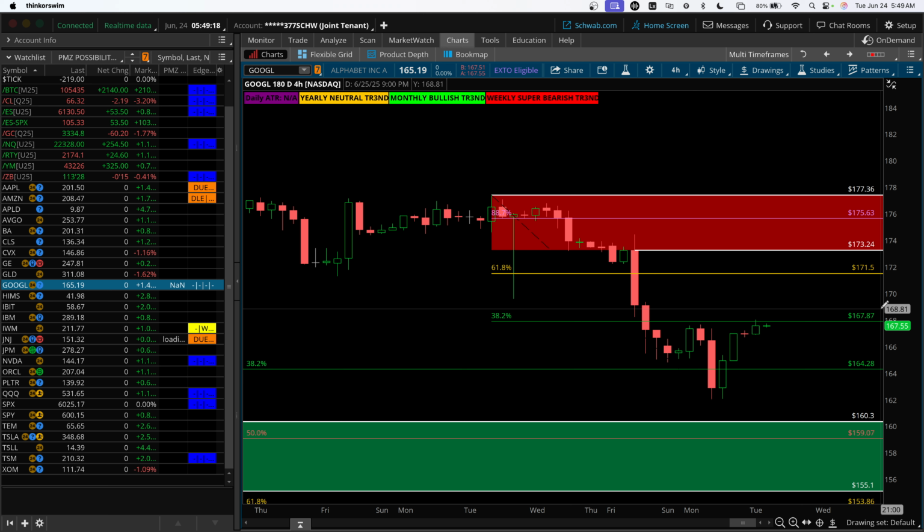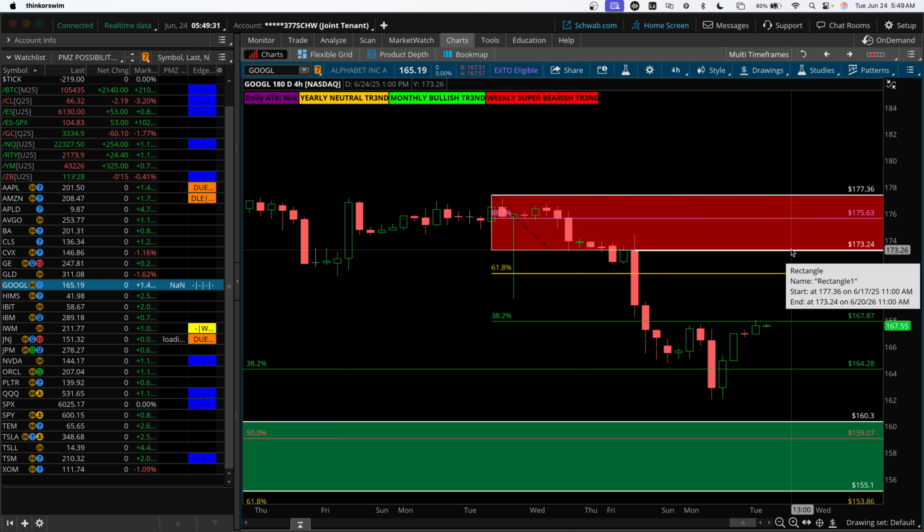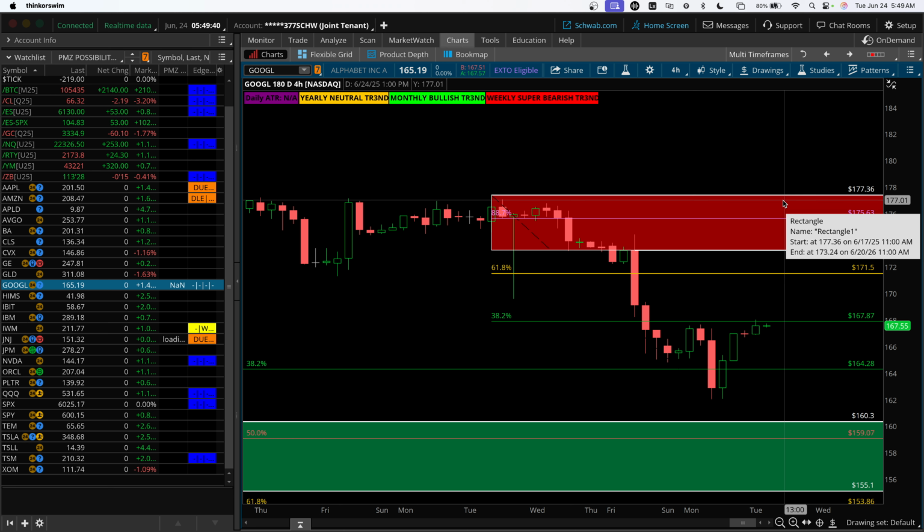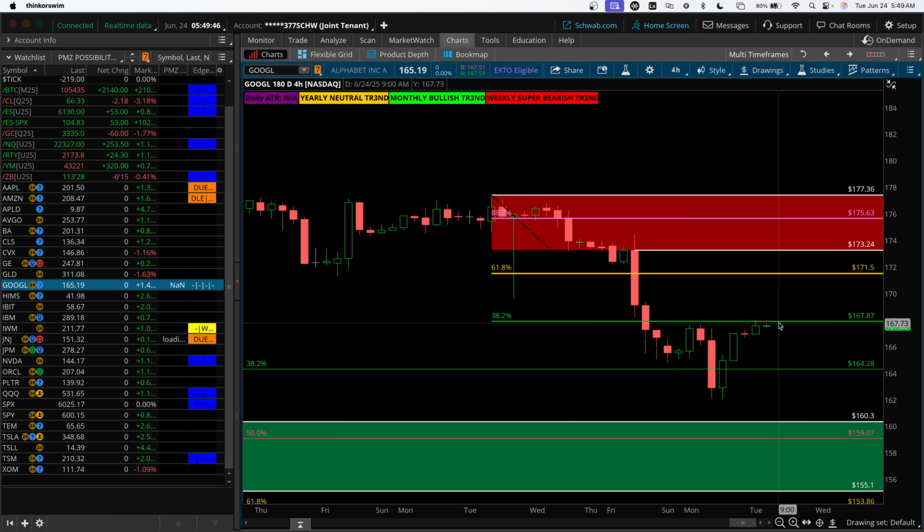So on a trade in Google, if I were to go long, I have a scale out target at 167.87, 171.50, and then my final target 173.24 by 177.36. As far as a trade to the downside, this trade plan would look like this. I go short Google.